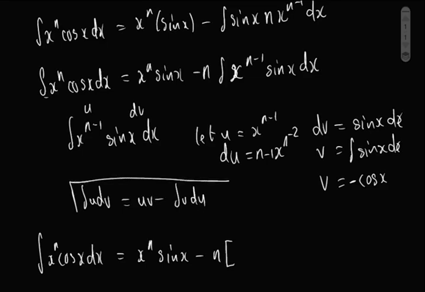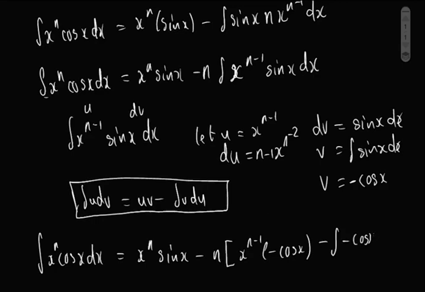So what is my u? My u is x^(n-1). What is my v? It's negative cos x. And then minus the integral. What is my v? It's still negative cos x. Then what is my du this time? My du is n minus 1 times x^(n-2).